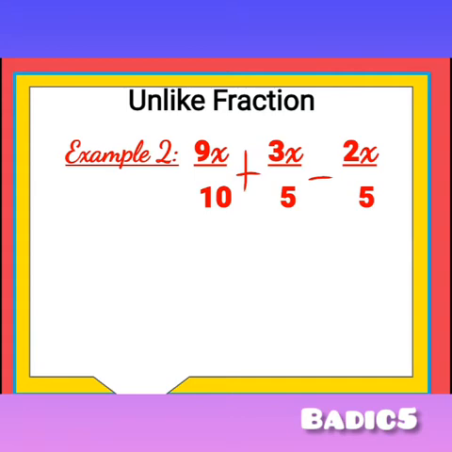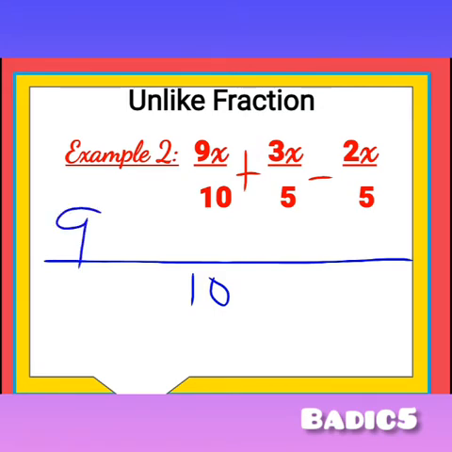Just looking at the denominators, the LCM there is 10. 10 goes into itself once. 1 times 9 is 9x. 5 goes into 10 is 2. We multiply the 2 by the 3x.